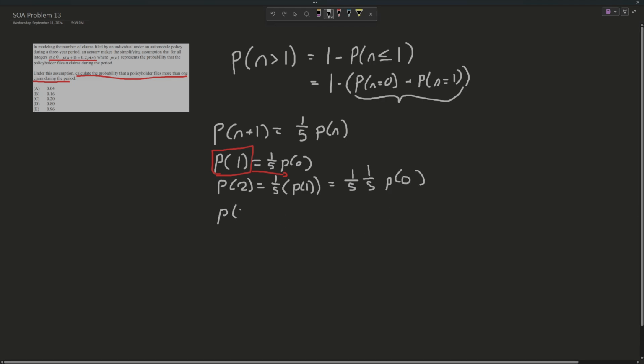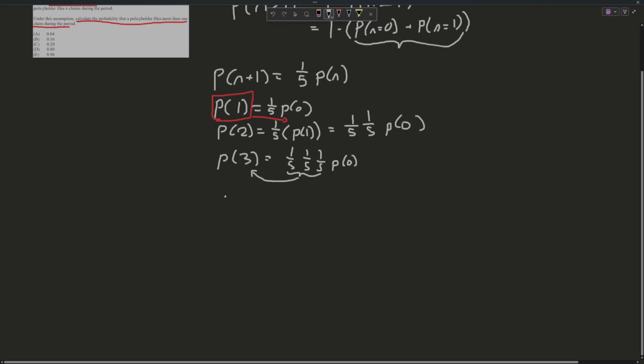And if we keep going, we'll see this pattern of 1/5 times 1/5 times 1/5 times p of 0. Our 1/5 is repeated however many times are in here.